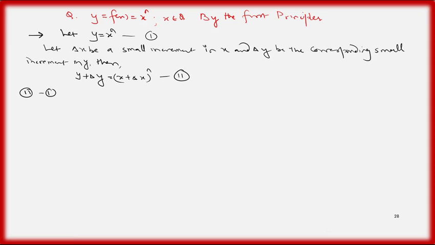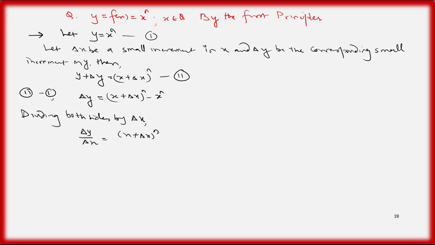Then second minus first equation, dear students, del y equal to x plus del x to the power n minus x to the power n. Dividing both sides by del x, del y by del x equal to x plus del x to the power n minus x to the power n over del x.